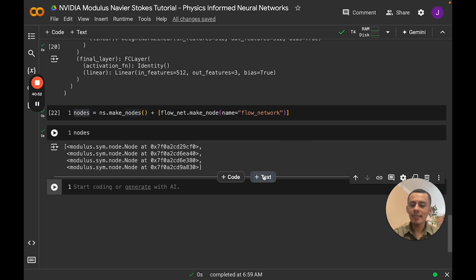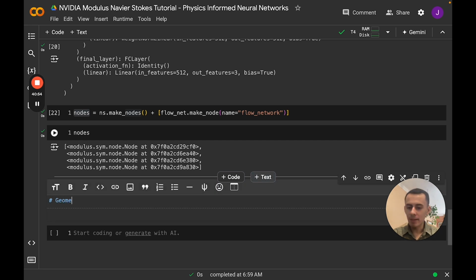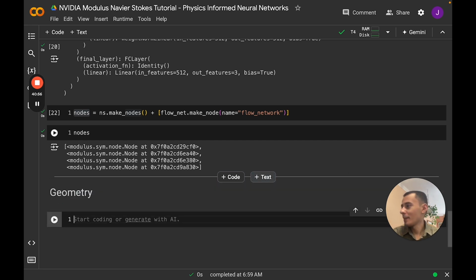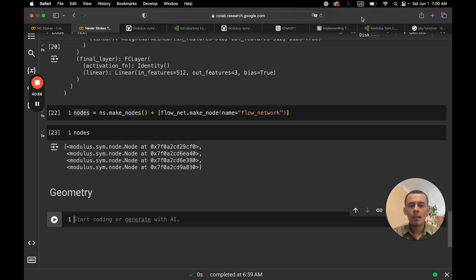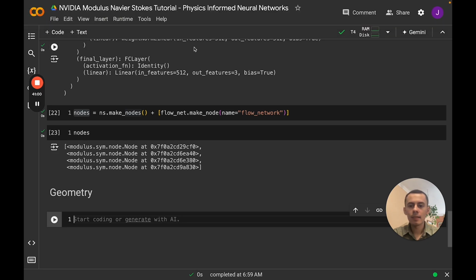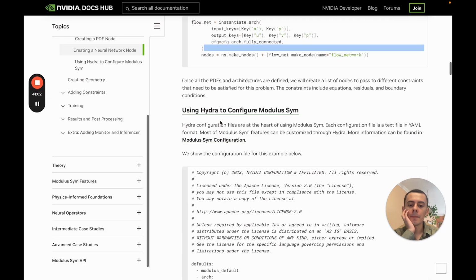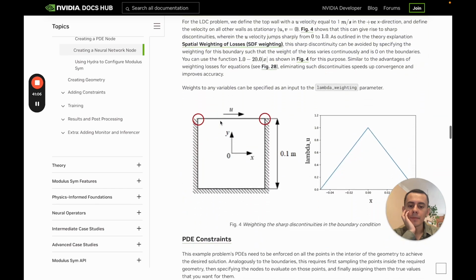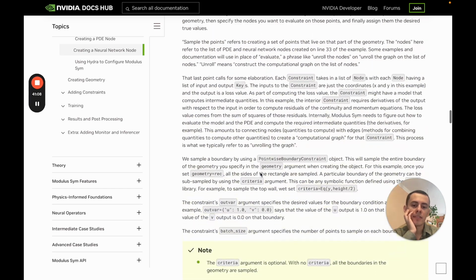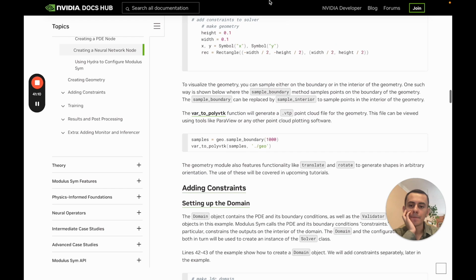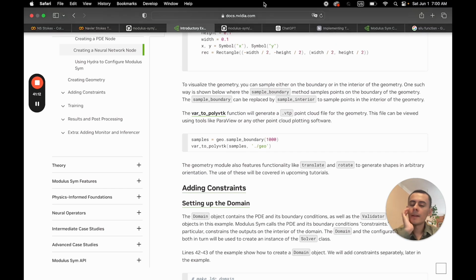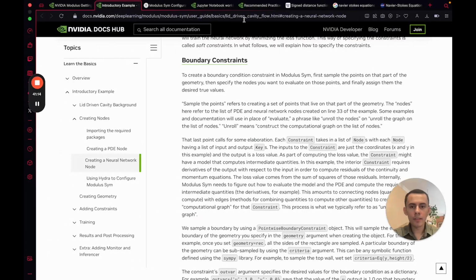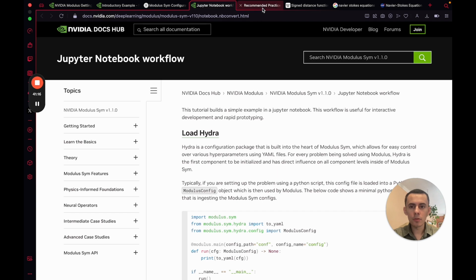Now, next step, the geometry. The geometry means the domain. We can learn about it in the introductory example, creating the geometry. This is our geometry. It's just a rectangle, so we're going to get that. They also have another file here I wanted to show you.